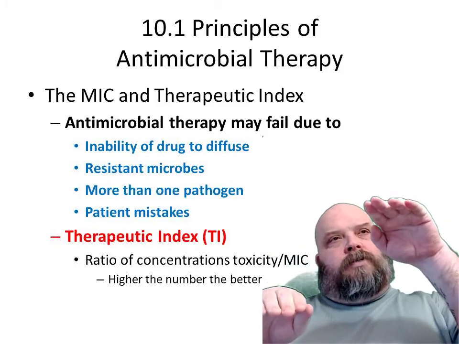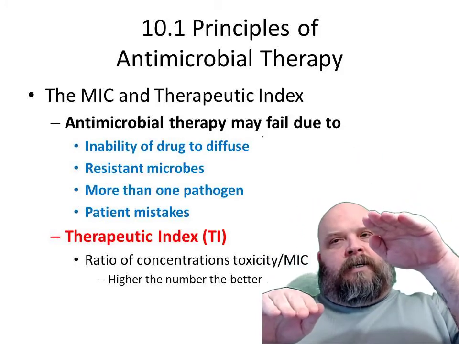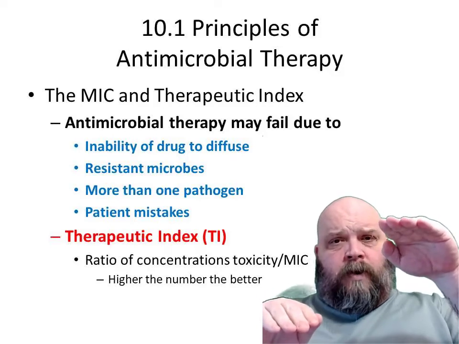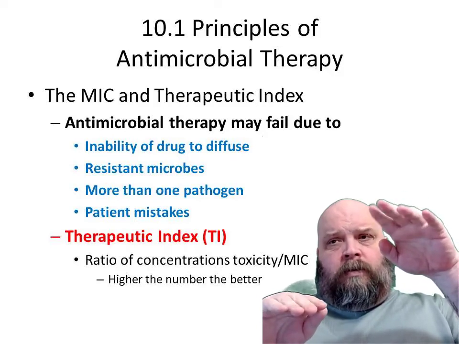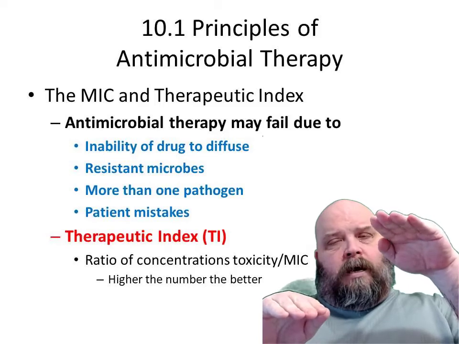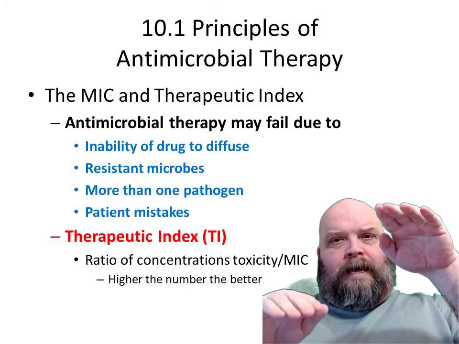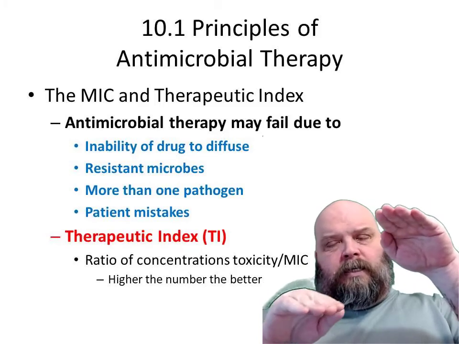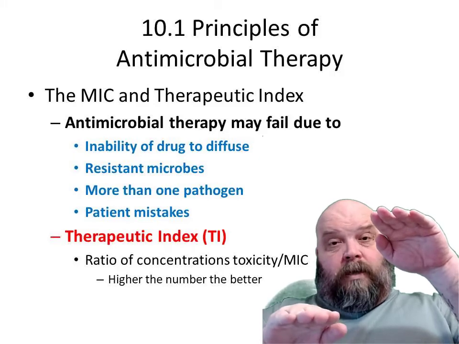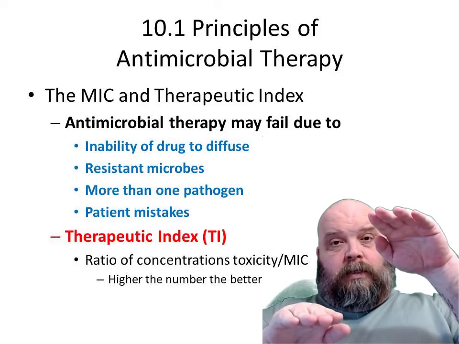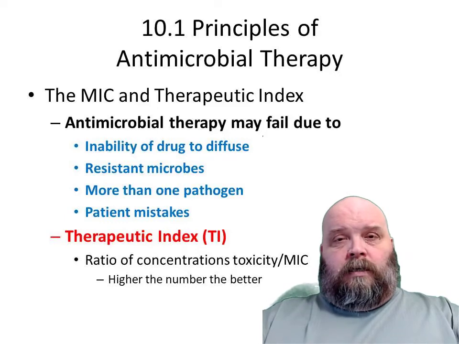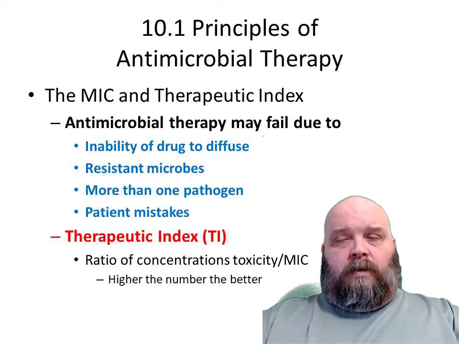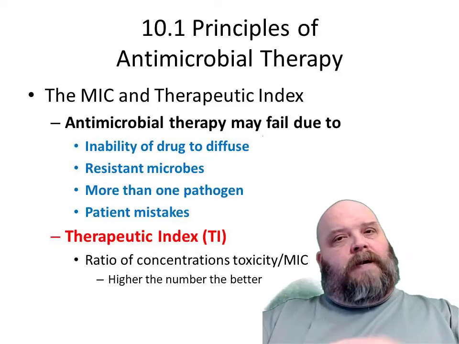High concentration, that's toxic. 50 milligrams per ml of compound X is toxic. 5 milligrams per ml is what you need to give to the patient to treat the infection.